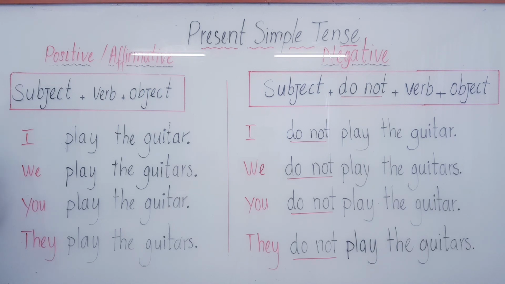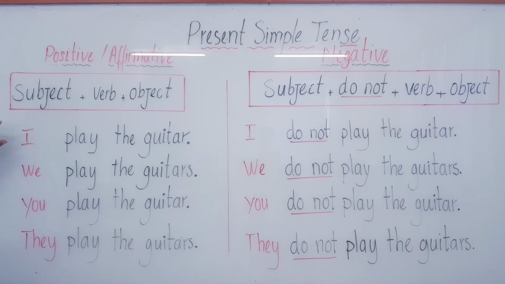Learn it step by step, but full of quality. As you can see, I, we, you, and they. I don't use he, she, it right now. The subjects I'm going to teach you now are only 4. It's very easy for you to understand.